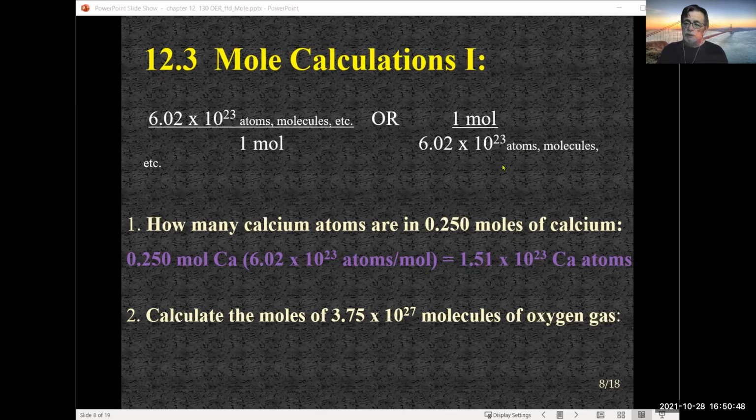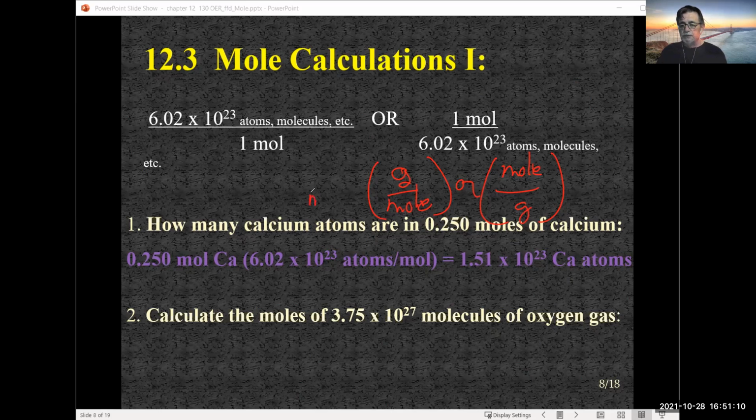Notice something when we were talking about atomic weights and molar mass: the units were grams per mole. Hopefully you recognize here that you're going to be able to go from moles to grams and vice versa, using the molar mass or atomic weights to get from one point to the other.